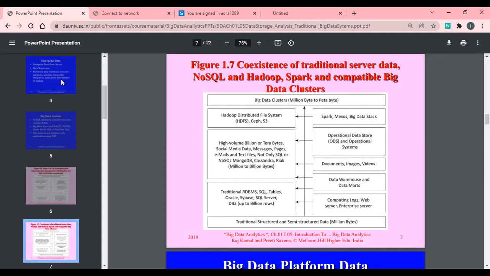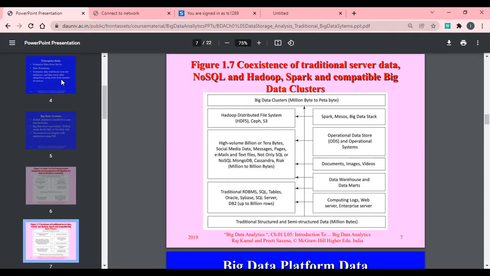Hadoop distributed file system we are using in big data. High volume, billions and terabytes of social media data, messages, pages, emails, text messages, text files, not only SQL, NoSQL, operational database stores for operating systems, documents, images and videos are used in this big data analytics.